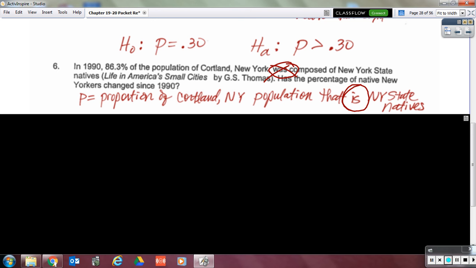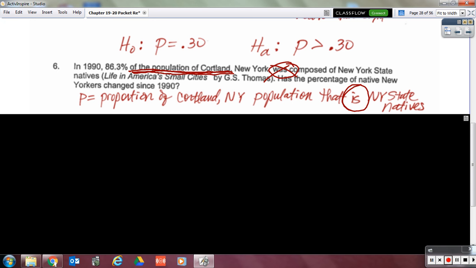The question is, can you say proportion of New York State natives that live in Cortland? And that would be wrong because the denominator is the proportion of Cortland. So the denominator is the town of Cortland's population, not the whole New York State natives.